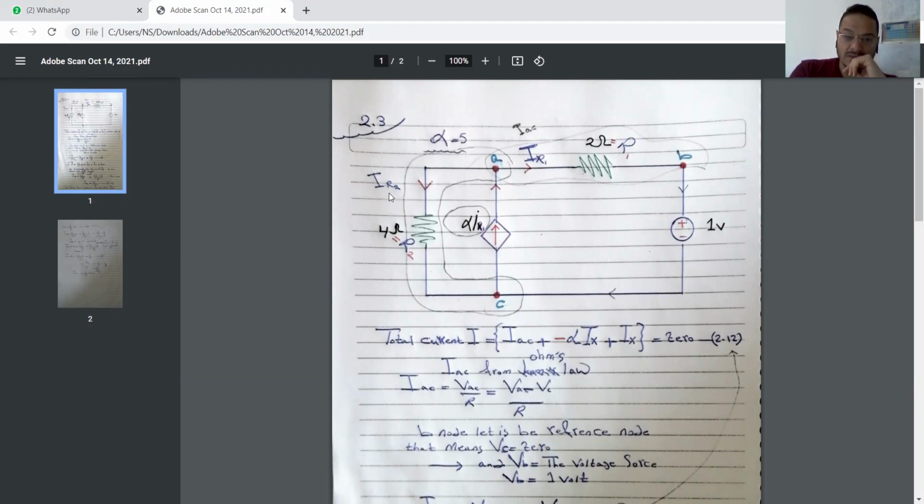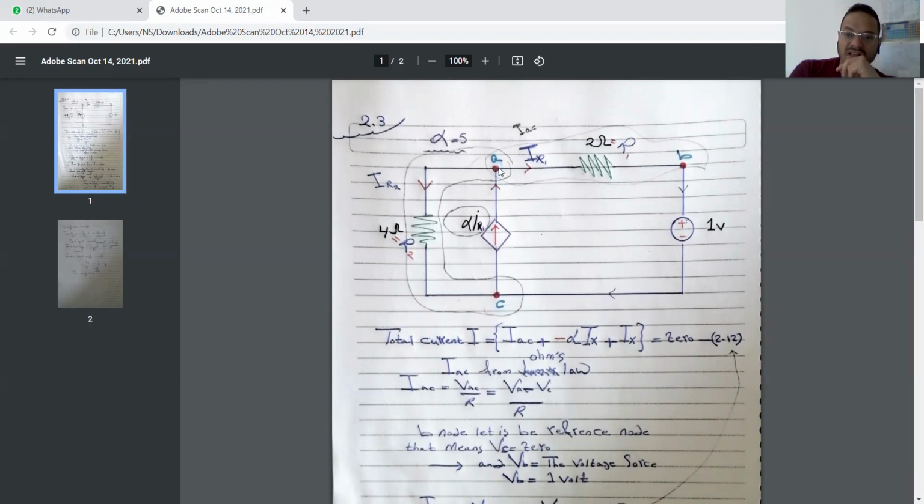That means I has relation with R, or with resistance number 2, between two nodes, A to C. That means IR2, or you can say IR1 like you want, equals, from Ohm's law, V equals IR. That means here I will equal V divided by R. Here we're dealing with VAC divided by R2, 4.